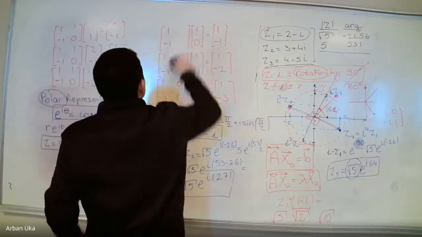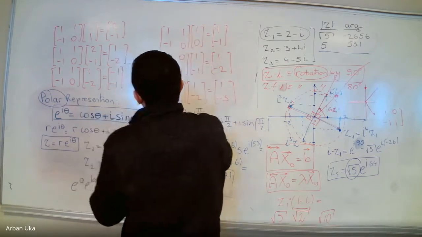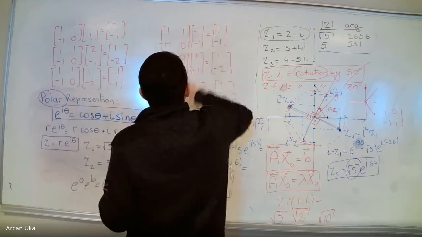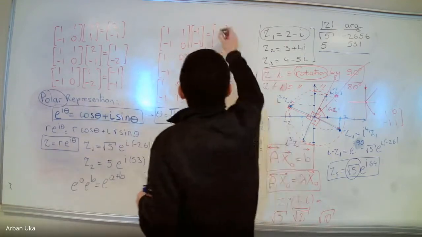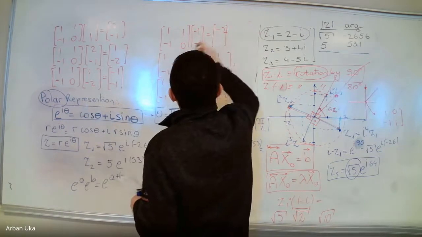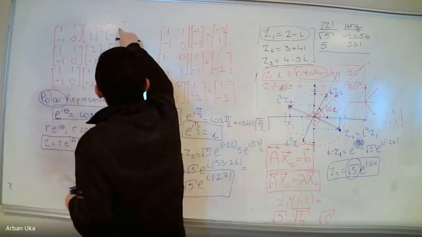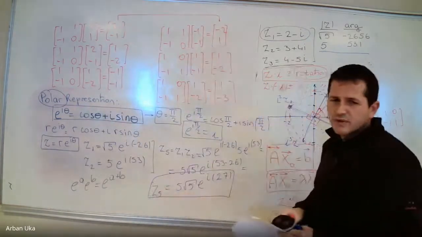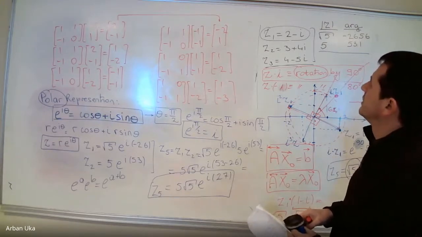1, 0. Let's do this one. 1, 0. -1, -1. This is -2. Then here we get -2, 1. So if you notice here, I got the negative of this vector here, okay? But I need some help because I make mistakes when I multiply these. Is this correct? -2, 1.